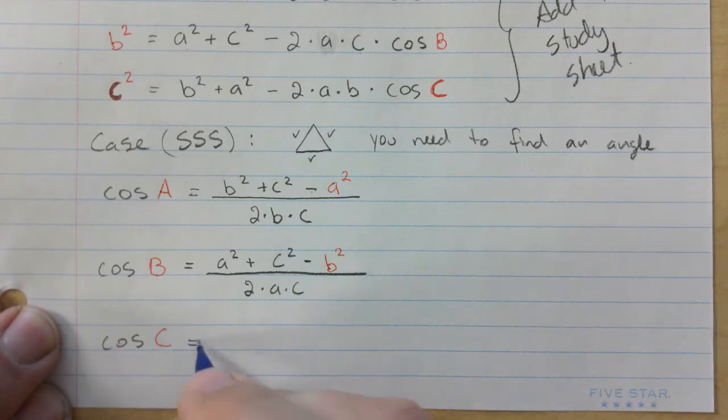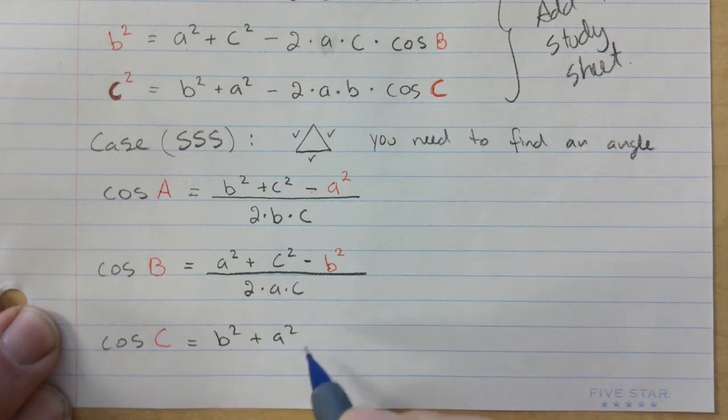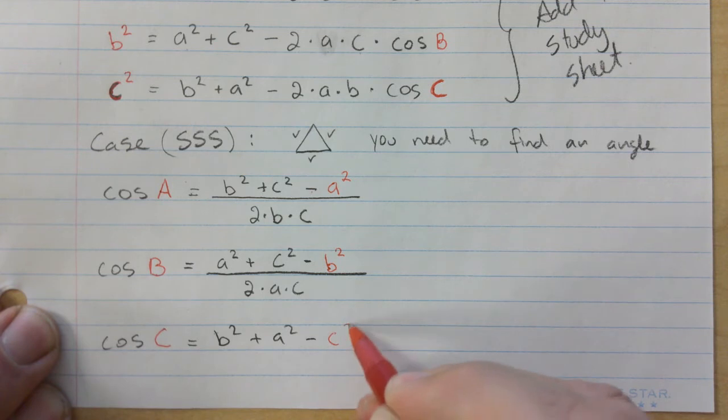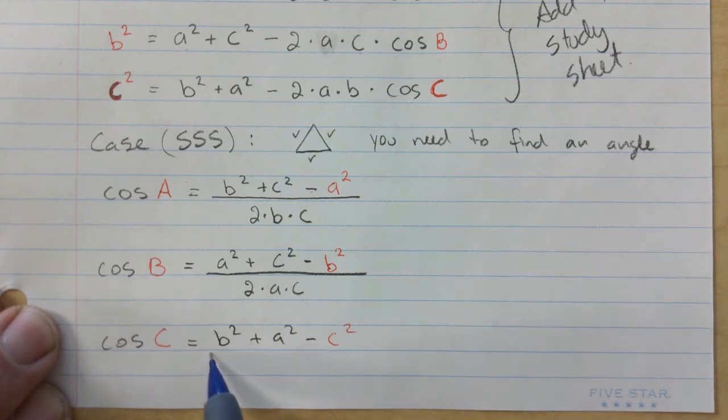Cosine of C would be B squared plus A squared minus C squared over 2 times B times A. It doesn't matter if it's AB or BA.